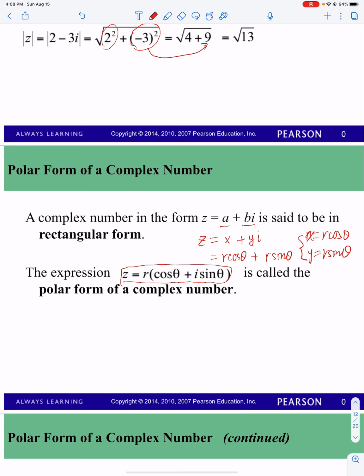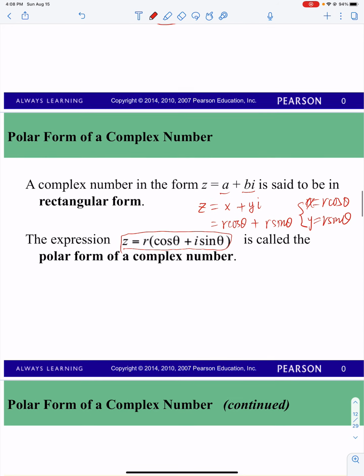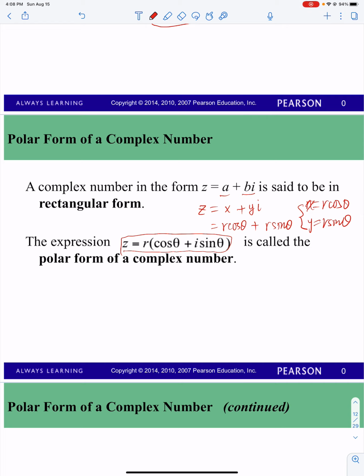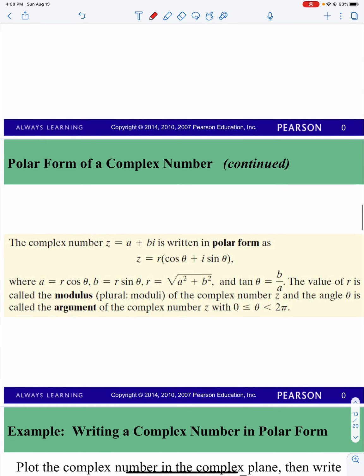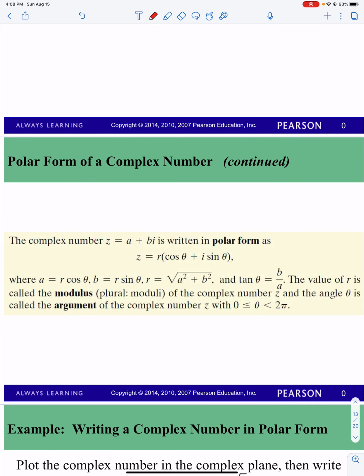So nothing new, because we have already learned polar coordinates. x equals r cosine theta, y equals r sine theta, and a and b are actually your x and y coordinates. So this is where this comes from.